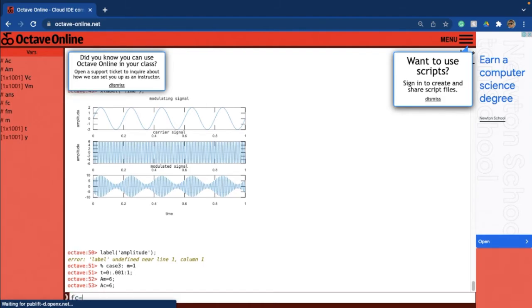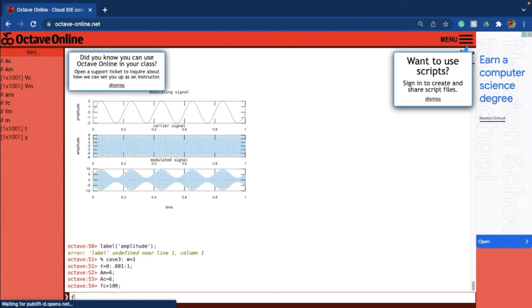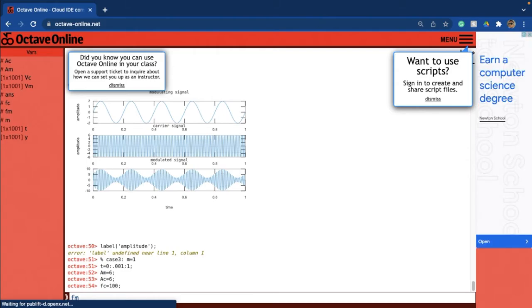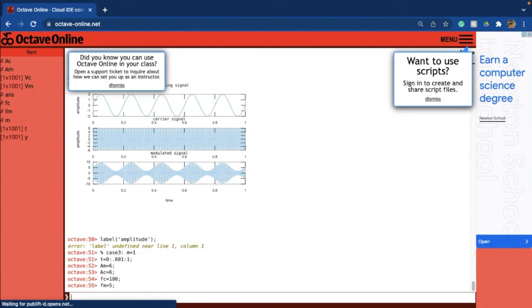AC is the same, 100 Hertz. And FM is, say, 5 Hertz. M I have to define, it's AM by AC.